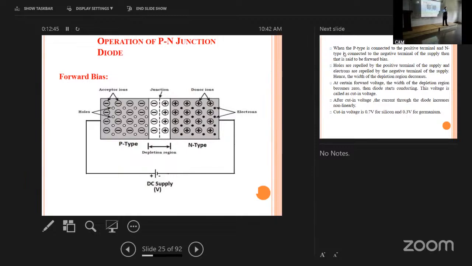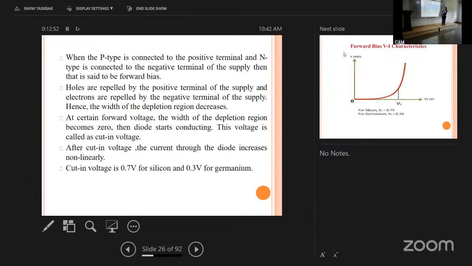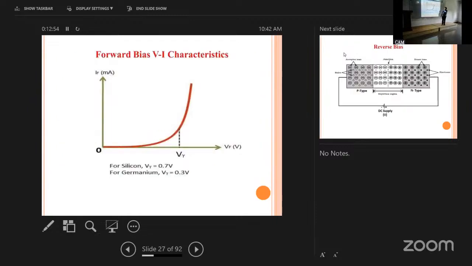If we draw the characteristics curve for this, with forward voltage on one axis and current on the other, the current is the amount of current flowing through the diode. At voltage V equal to 0, the current is 0.